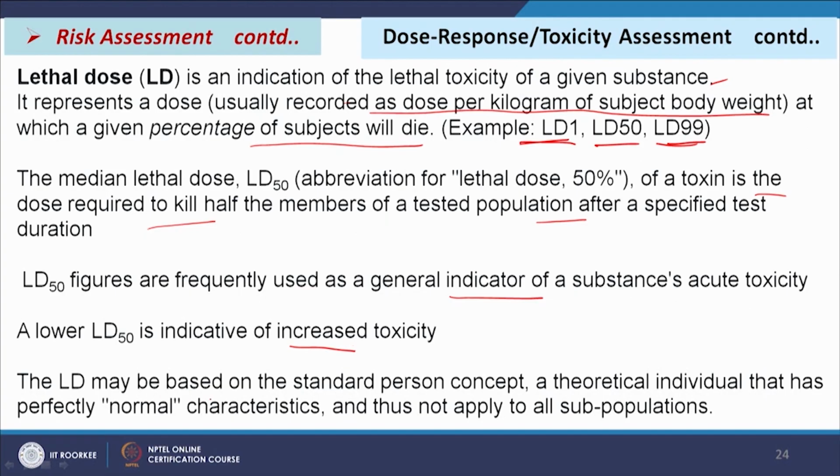The LD may be based on the standard person concept, a theoretical individual that has perfectly normal characteristics, and thus it may not be applicable to all subpopulations. That means this is for perfectly normal adults, not children, etcetera.